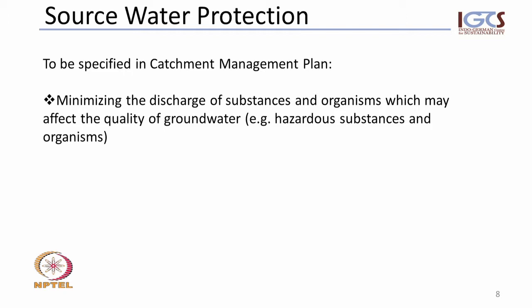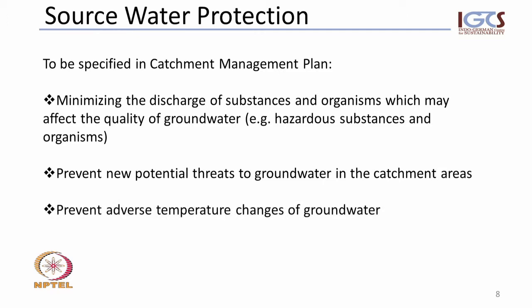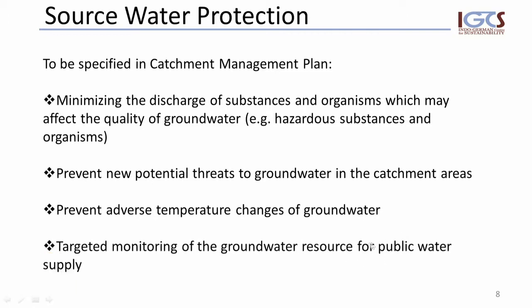Those could be hazardous substances, chemicals, for instance, but it could also include or should include organisms. It should prevent new potential threats to groundwater in the catchment areas. There should be measures which prevent adverse temperature changes of groundwater. And there should be a targeted monitoring of the groundwater resources for the public water supply.